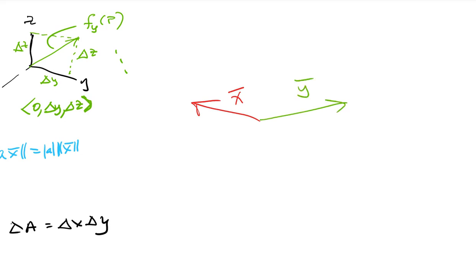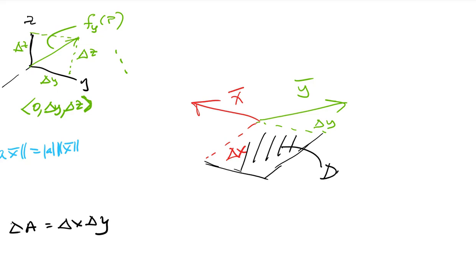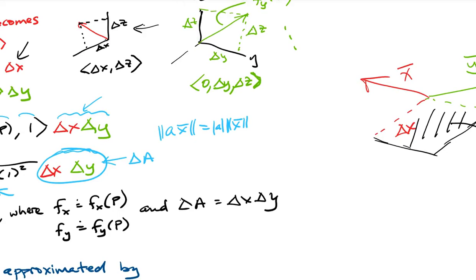And then delta x goes in this direction, and delta y goes in this direction. This is delta y. And so your tangent plane, your little piece of area there, is all of this. This is delta A. So length times width, right? So that's that.